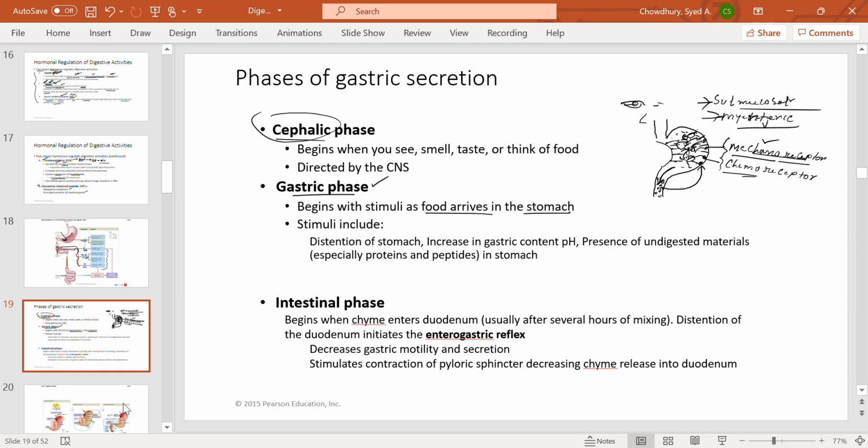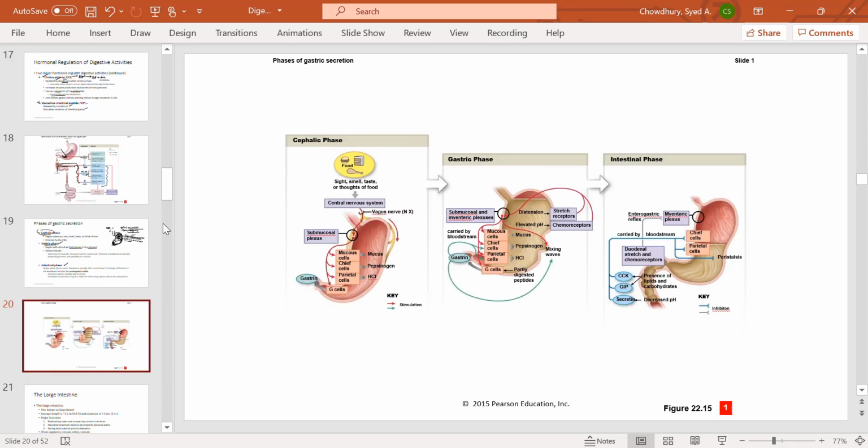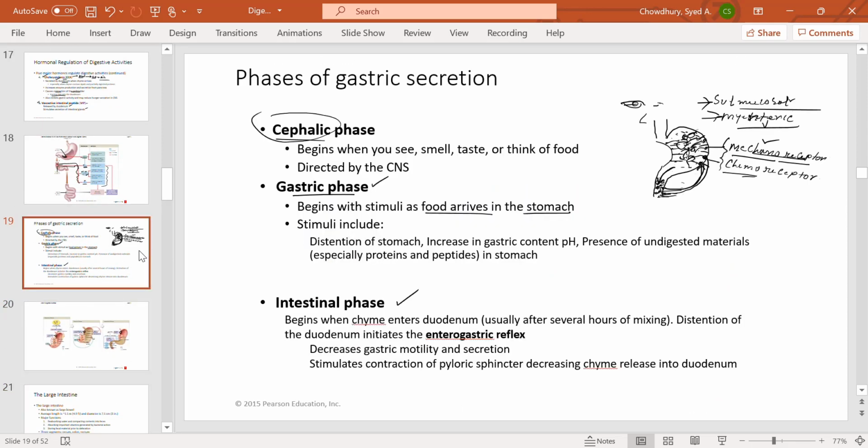Okay, so you see, the presence of food in the intestine would send a reflex to the wall, and these hormones will enter into the blood and will go to the wall. So you see three phases of gastric secretion, and this intestinal phase is important.